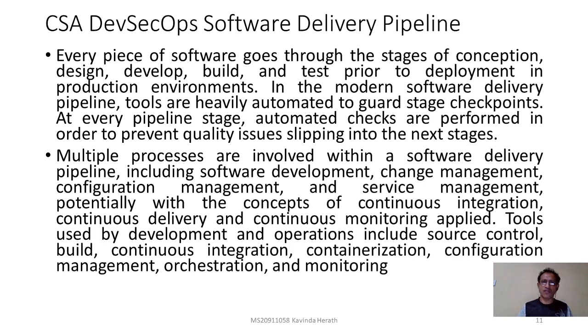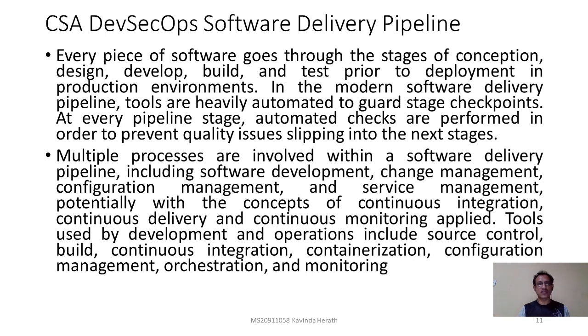Every piece of software goes through the stages of design, deploy, build and test prior to deployment in the production environment. In modern software delivery pipelines, tools are heavily automated to guard stage checkpoints. At every pipeline stage, automated checks are performed in order to prevent quality issues slipping into the next stage.